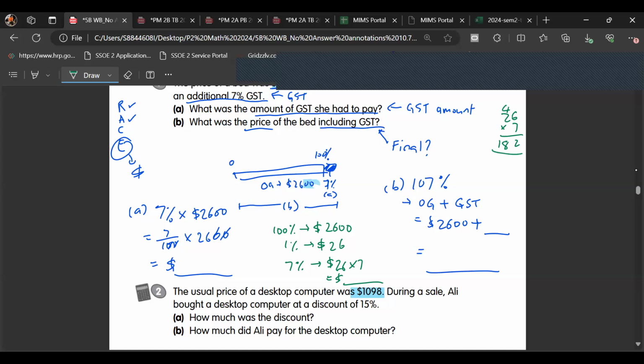Am I correct? Sometimes I tend to make mistakes when I multitask. Okay, correct. Then you've got the final answer. Move on to the next question already. We've got quite a few questions to go on to do.